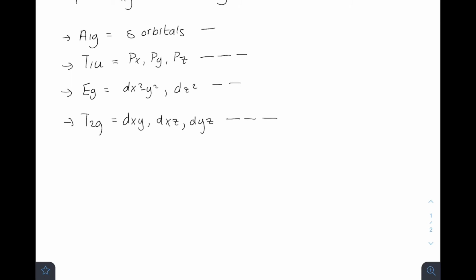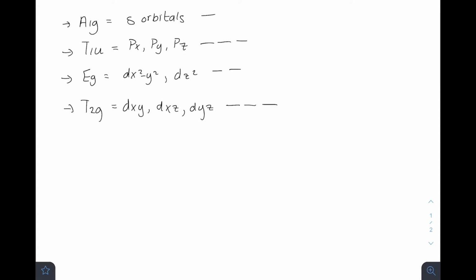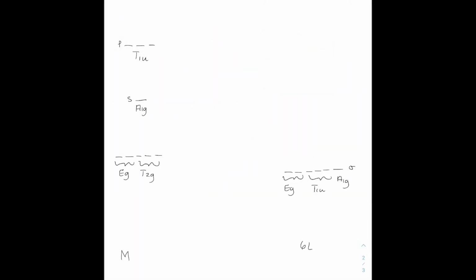1, 2, 3, okay? The T2G and the EG probably sound a little bit familiar, and this is from crystal field theory. We said that we have our 5 d orbitals, 1, 2, 3, 4, 5, and they experience this form of splitting. This is EG, T2G. The T2G ones are triply degenerate, and the EG ones are doubly degenerate. On the left over here is going to be the orbitals for our central metal cation.